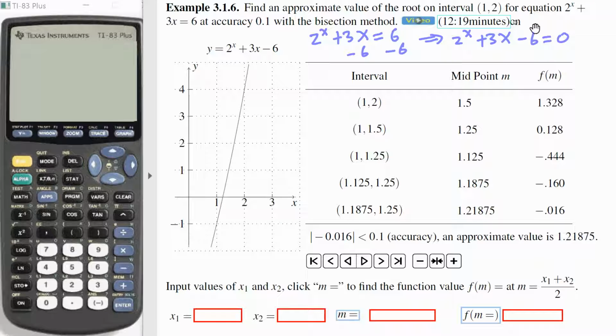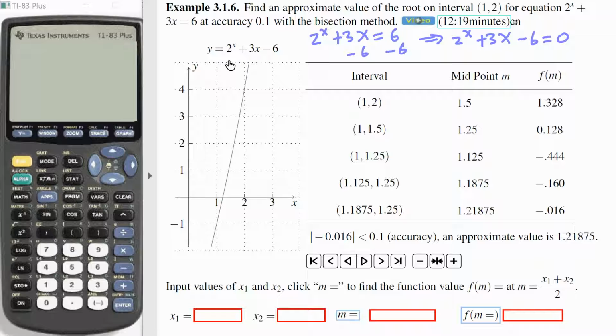The corresponding function would be y = 2^x + 3x - 6. So finding the zero point or x-intercept of this function graph is equivalent to finding the root of this equation.